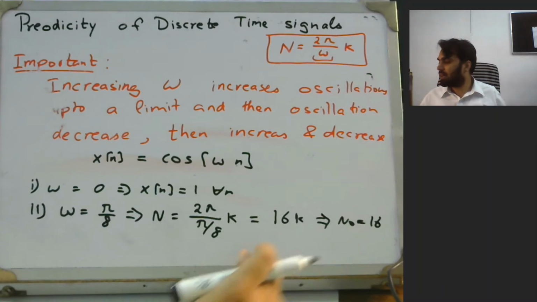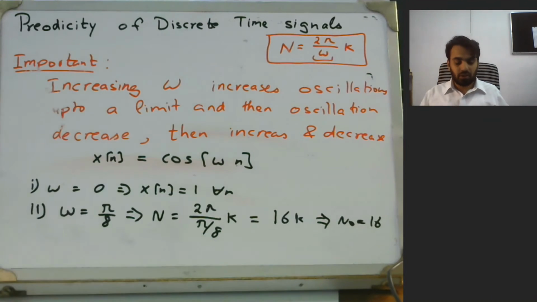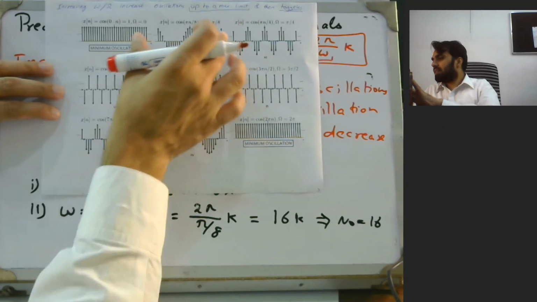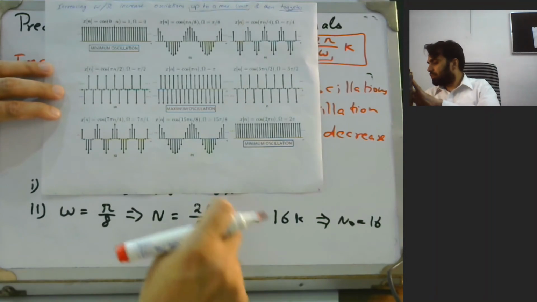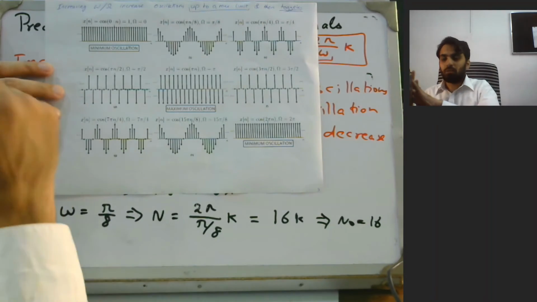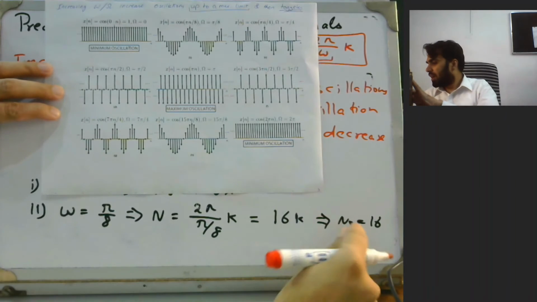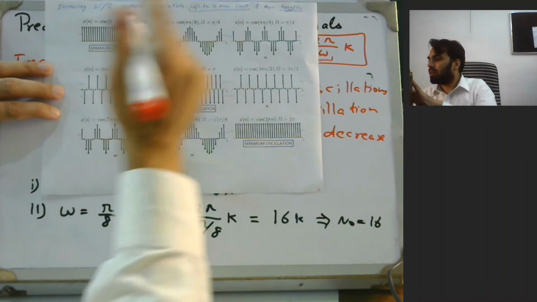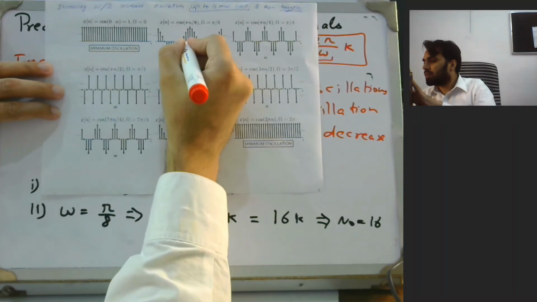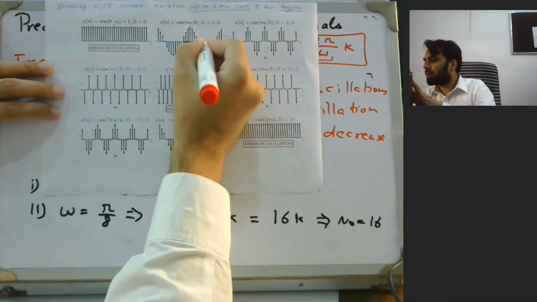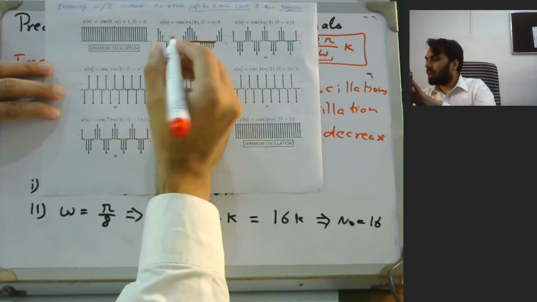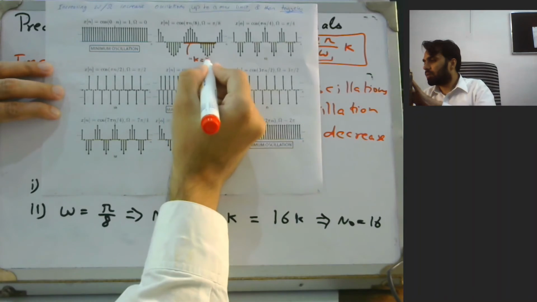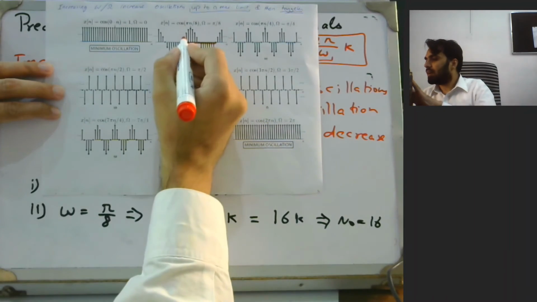So that is our fundamental integer period for omega equal to pi by 8, right? So we have this plot, and this would mean that for k equal to 1, we have one envelope. In that envelope we would have 16 integer values, 16 distinct values. So say we are starting from this point, so this whole thing is our envelope, right? And it would have 16 values. So this is our k equal to 1.